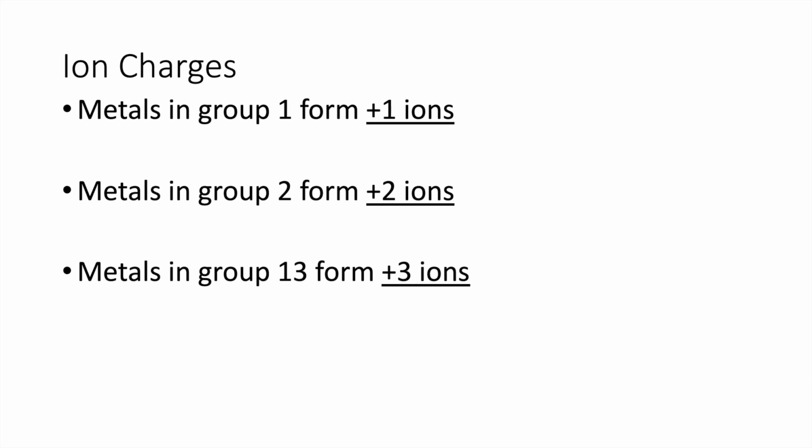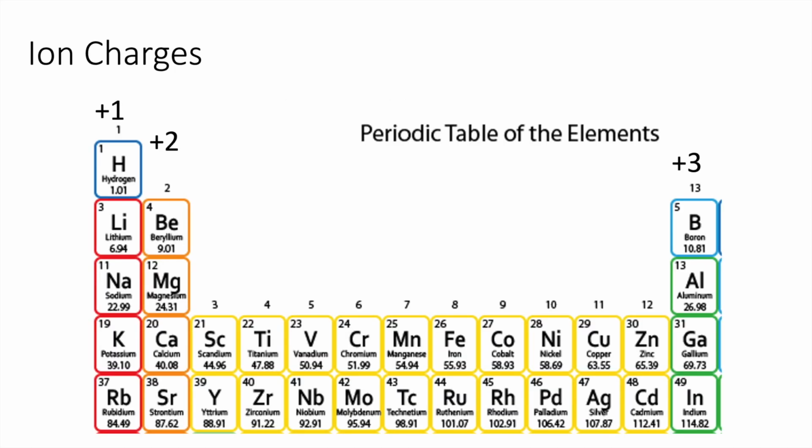The metals in group 1A all form positive 1 ions. Metals in group 2A form positive 2 ions, and metals in group 13 or 3A form positive 3 ions. So basically these ones right here on the periodic table we can label. The ones in the middle are a little tricky, and we're going to talk about them in a second.